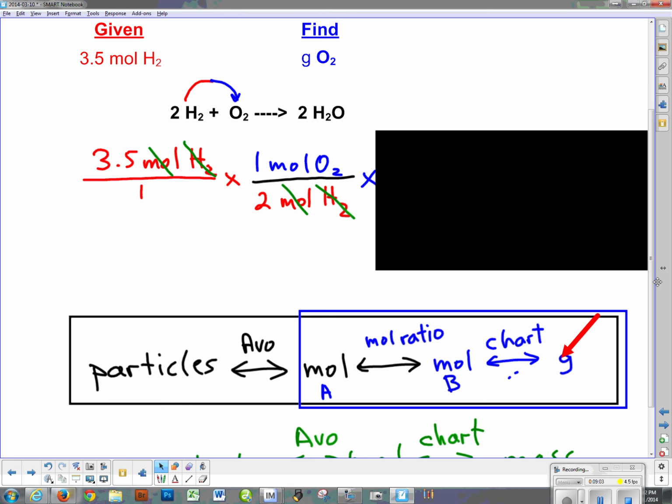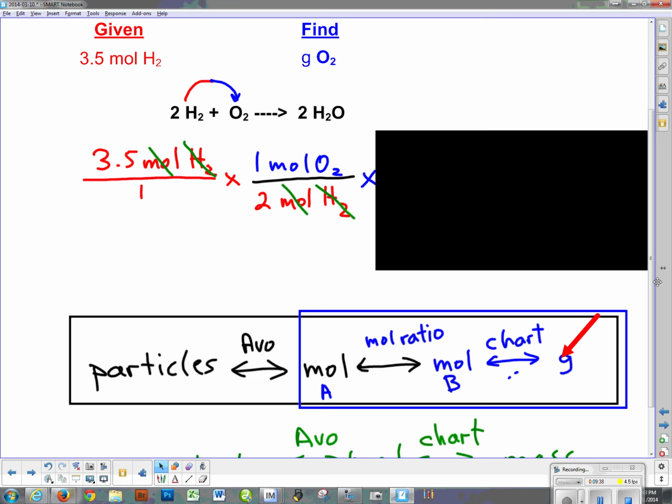Okay? So, how are we going to get moles of oxygen to grams of oxygen? Huh? Chart, of course. And the molar mass of oxygen is 18 grams, so what's going to go where? What's on the bottom? It's 16. What did I say? It's 18. 18. I'm wrong. I was thinking water. Okay, good. So we're going to have 16 for 1 oxygen, but we have O2. 32.